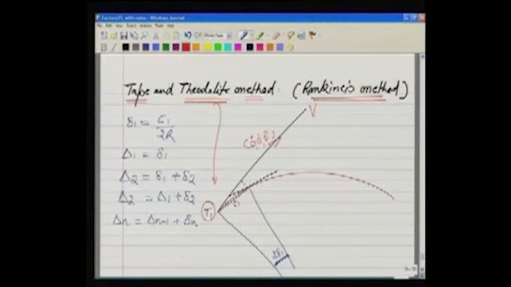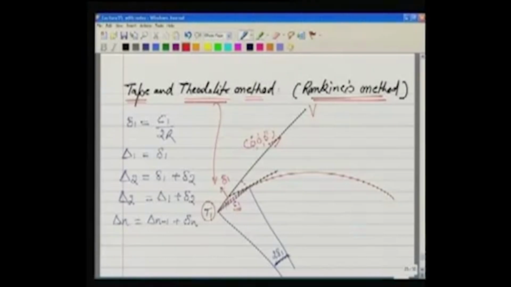We can do that. Well, next, if I have taken a chord of C1, this is the first subchord. So we can know the relationship now. If this distance is C1, how much will be the angle here, which we call delta 1?